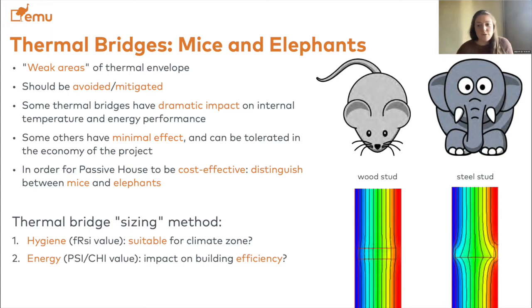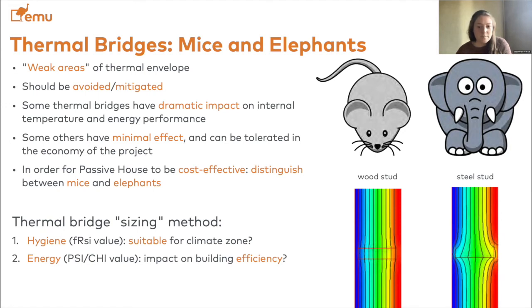If you look at the two we have there, we've got a wood stud isotherm on the left, and you see they're slightly curved in the middle. That means that the wood stud does have an impact on the internal temperature distribution inside the wall. However, it's not very pronounced. On the other hand, you see on the right side an isotherm view associated with a steel stud. In this simulation, the isotherm lines fan out quite a bit, substantially in the middle of the wall.